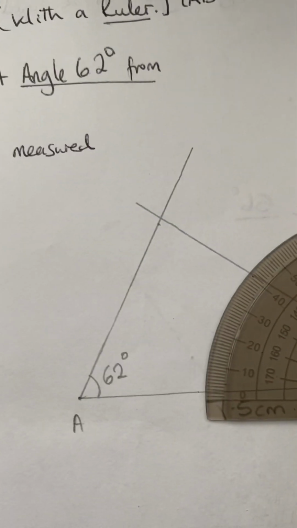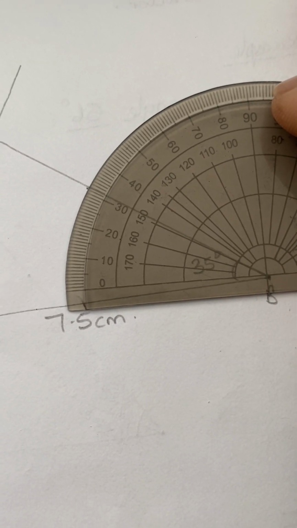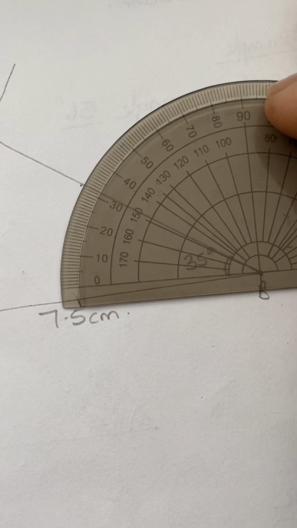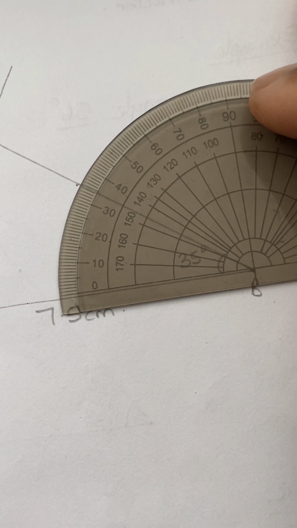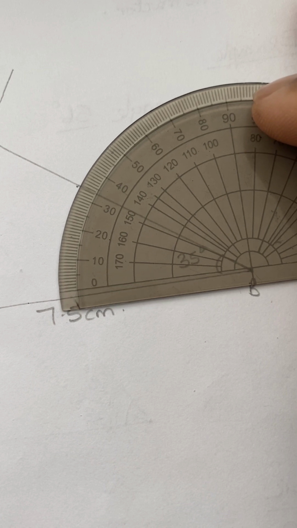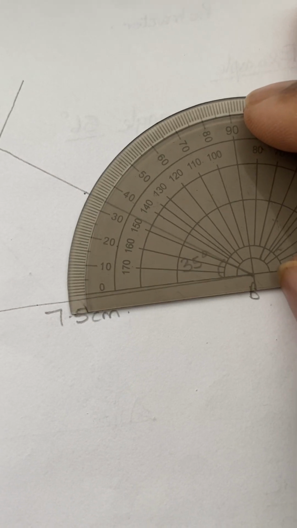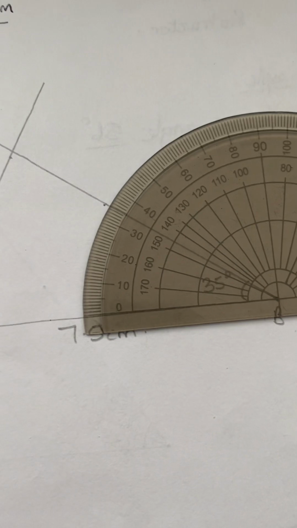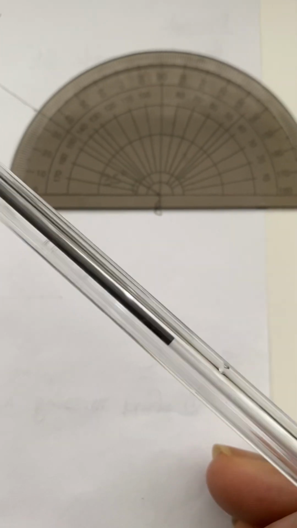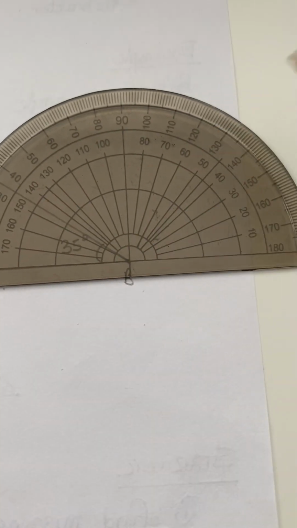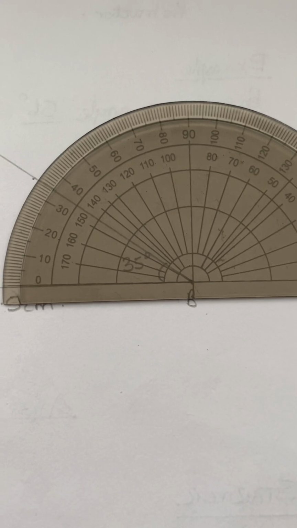Okay, so after measuring the first one, if you are looking for a triangle, okay, now if you measure your 35 degrees from here, the line is going to go there, okay, and that line will not give you 35 degrees.